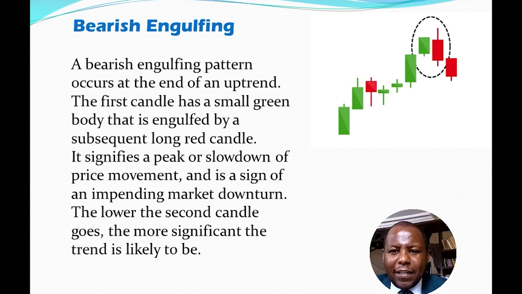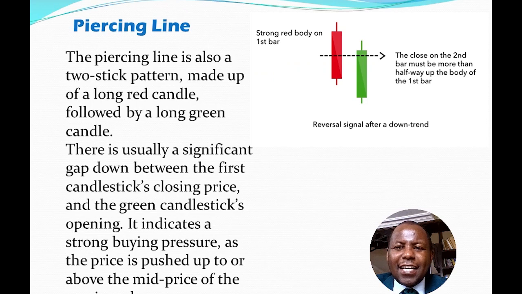We have another one called a piercing line. There's a diagram over there for you to see. The piercing line is also a two-stick pattern, made up of a long red candle followed by a long green candle. When you see that, it means it's a piercing line. There is usually a significant gap down between the first candlestick's closing price and the green candlestick's opening.